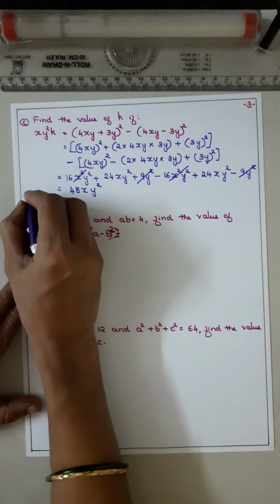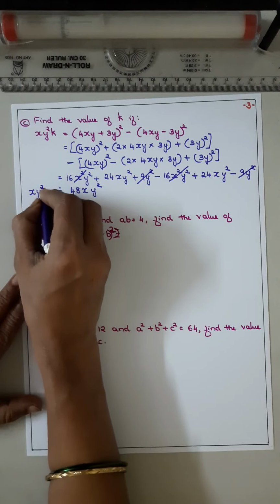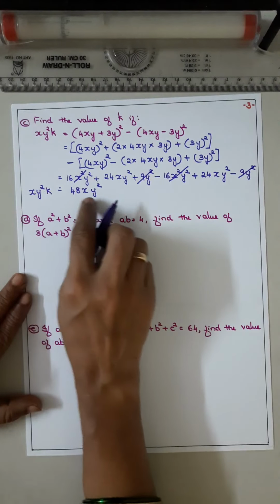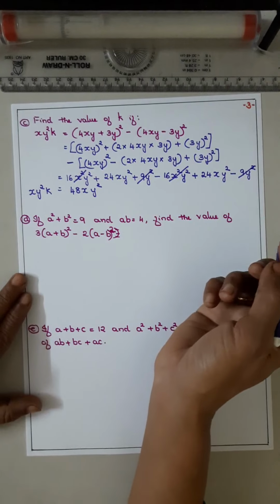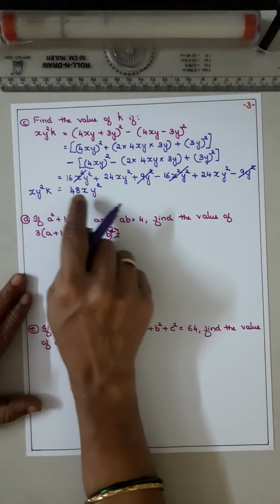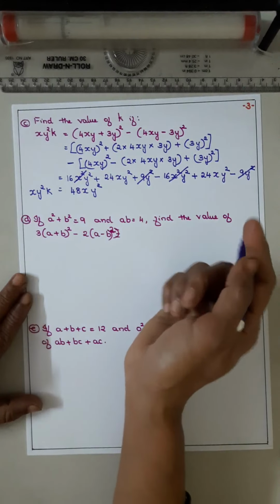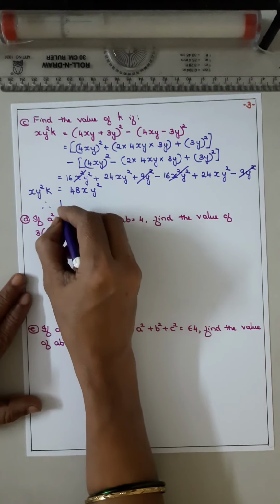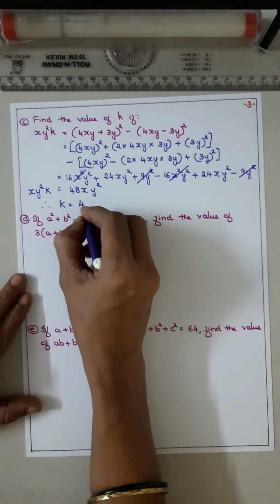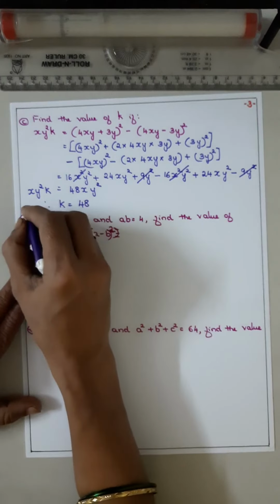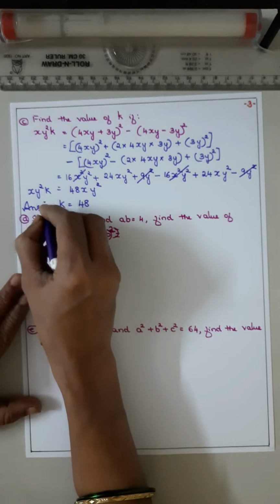So you got k xy squared is equal to 48 xy squared. xy squared, xy squared common. So k is equal to how much? Therefore k is equal to 48.